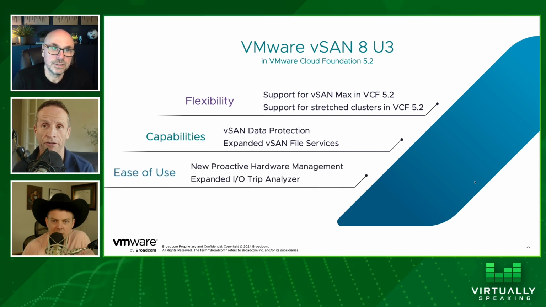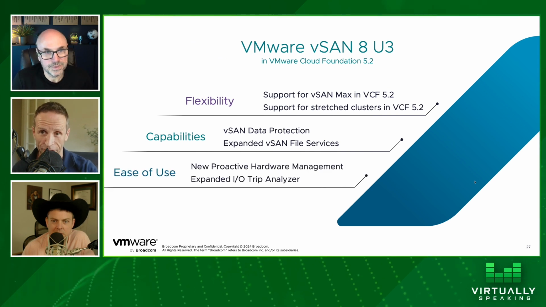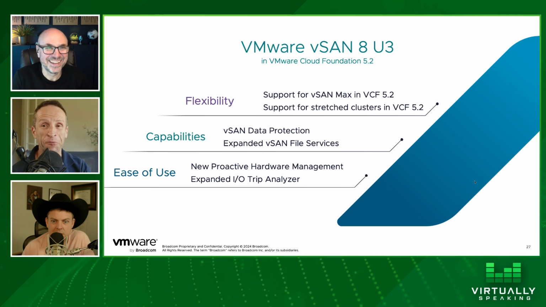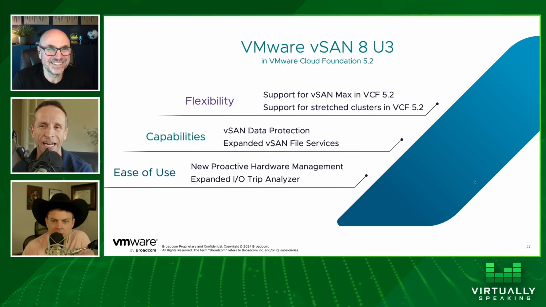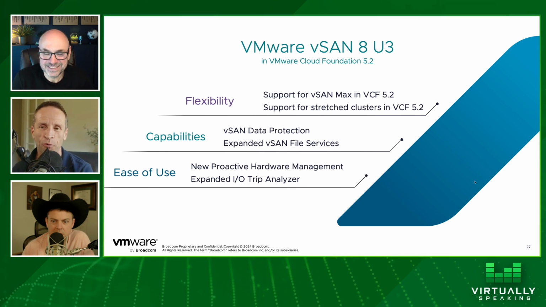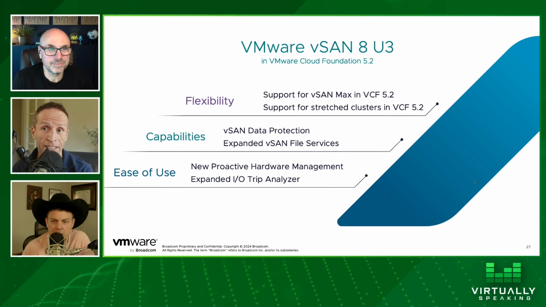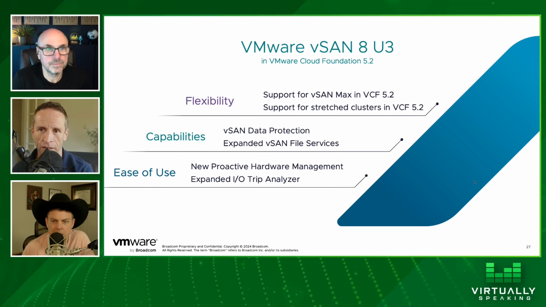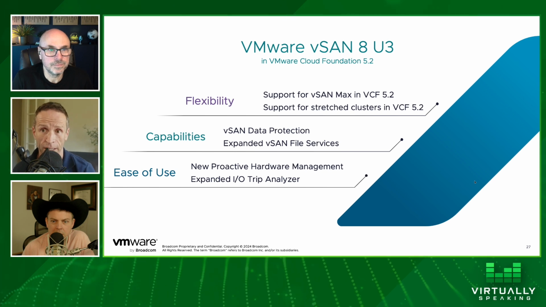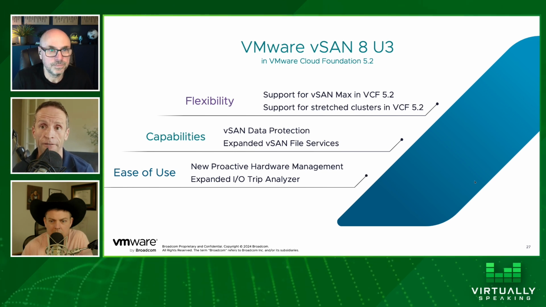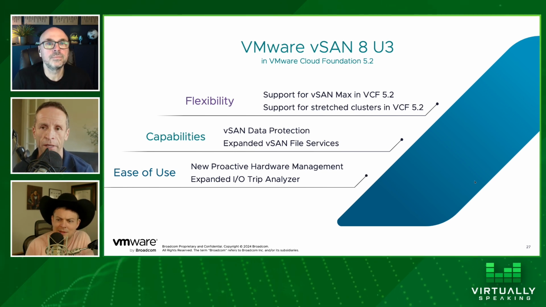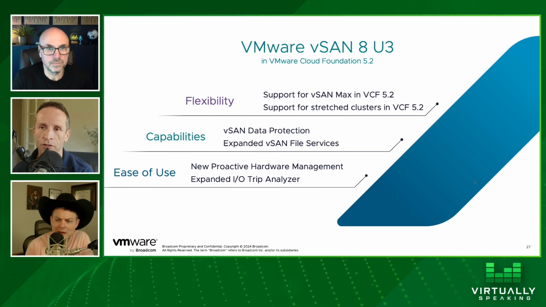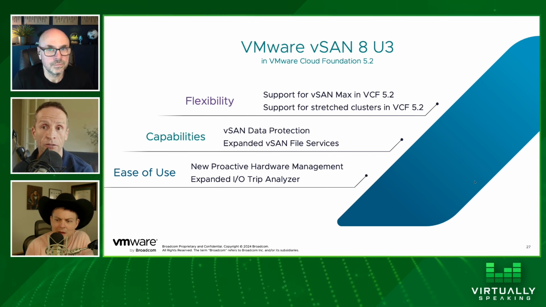Oh, yeah. Well, other than it being the best version out there, we do really want to help our listeners know that we've made improvements elsewhere as well. So vSAN file services, we've increased the limit on the number of shares that can be created within a cluster. It's gone from 100 up to 250. So a big improvement there. We've also introduced some improvements with the VM IO trip analyzer.